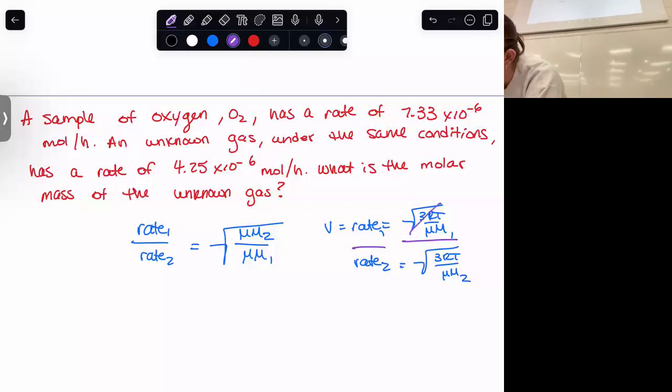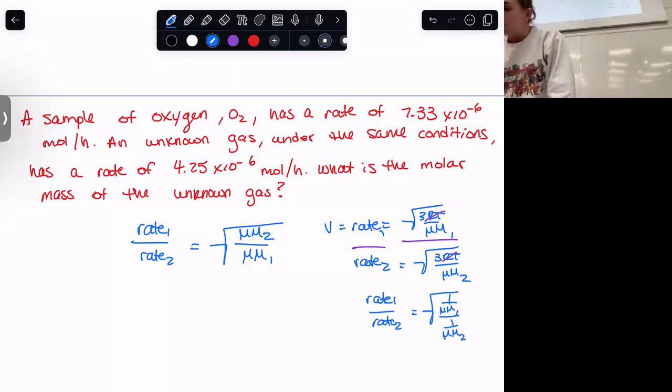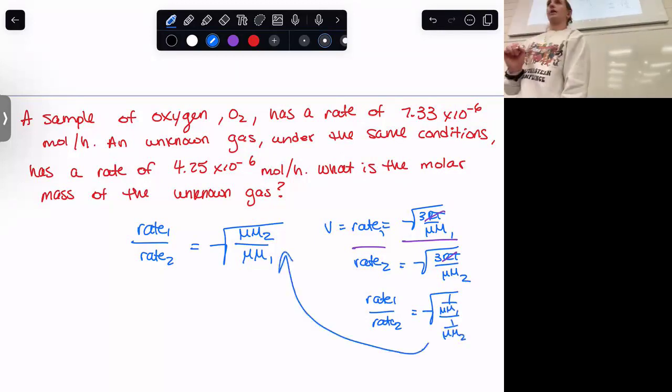And so we end up with rate 1 over rate 2 equal to the square root of 1 over molar mass 1 over 1 over molar mass 2, which ends up being this guy here once you keep, change, flip your fractions.